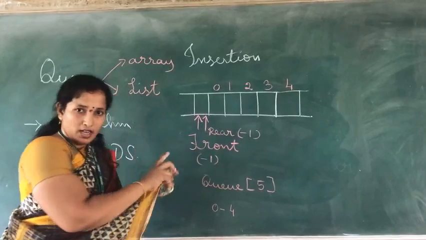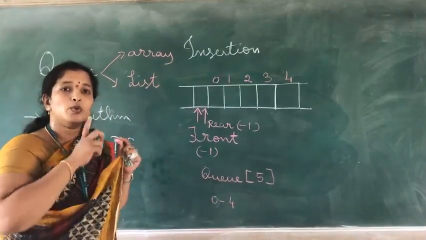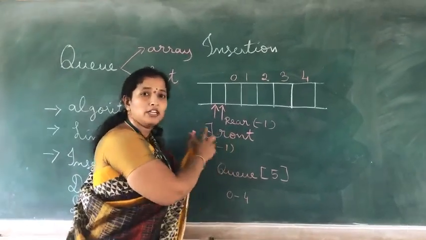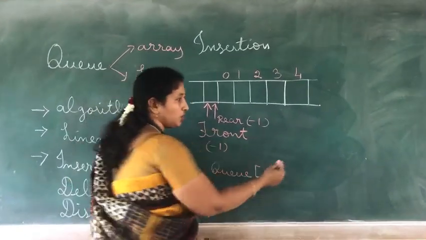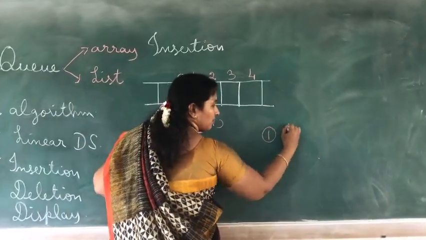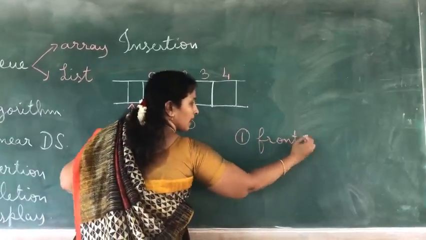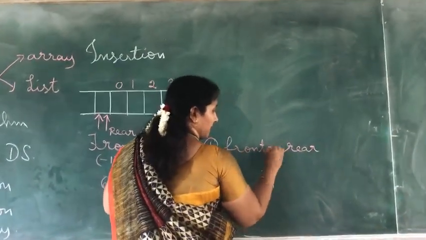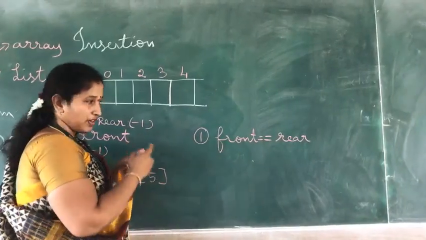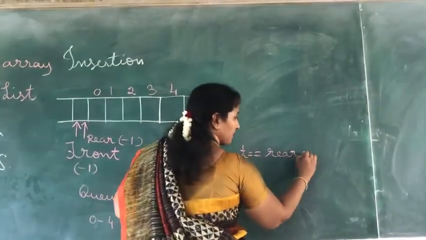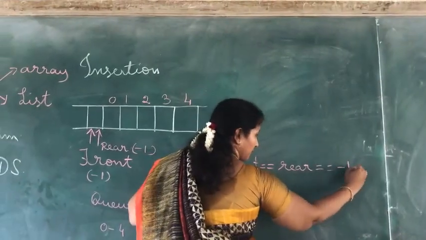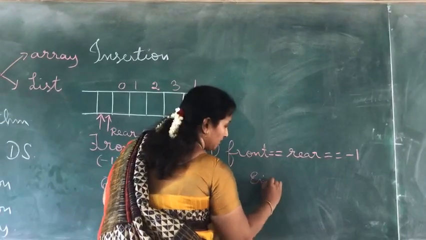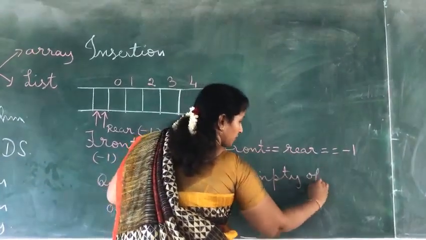So we can frame the answer this way: whenever the queue is empty, the rear pointer and the front pointer are initialized to -1. So the condition is when front and rear are the same, equal to -1. This is the condition for an empty queue.